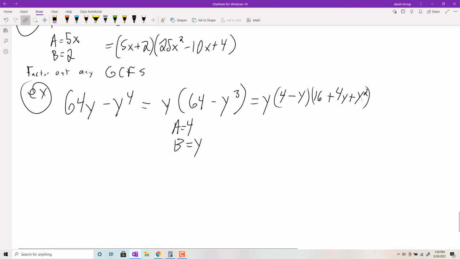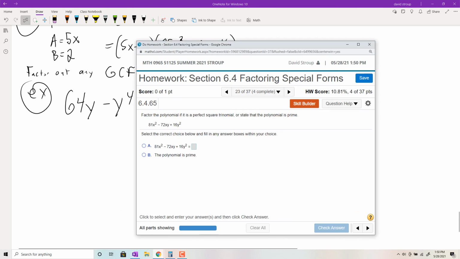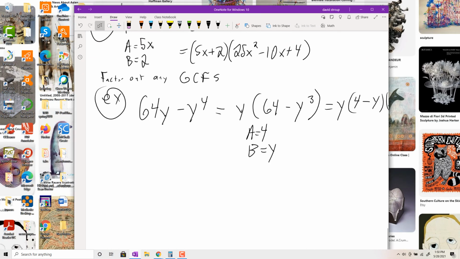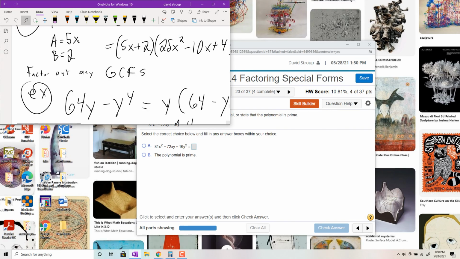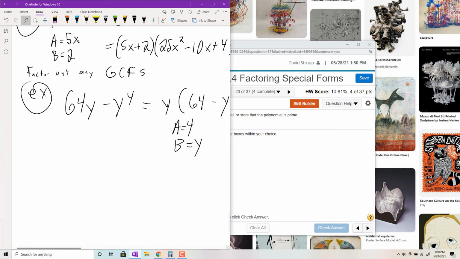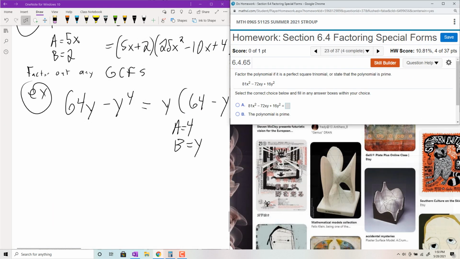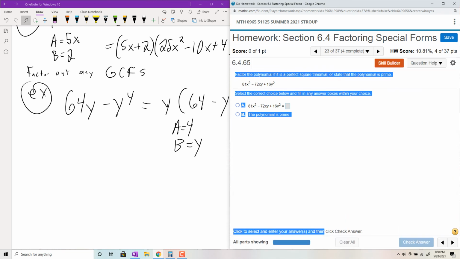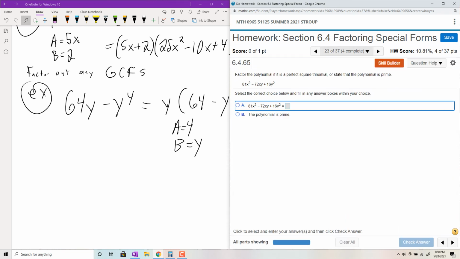Let me go into MyMathLab and see if there's anything crazy that we need to deal with. Okay. So, let me do my setup a little bit differently so I can see what I am working with. Okay.